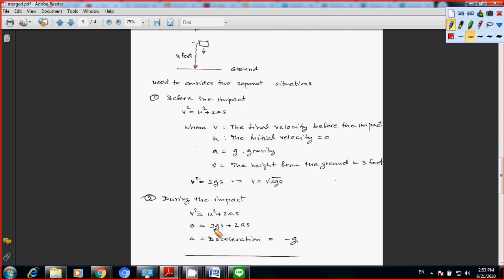You rearrange the equation, you have your A. That's what you're looking for. The relation becomes negative g. It's still like gravity. The magnitude is still the same as gravity, but the opposite sign. That tells you this is the deceleration, not acceleration. Okay?